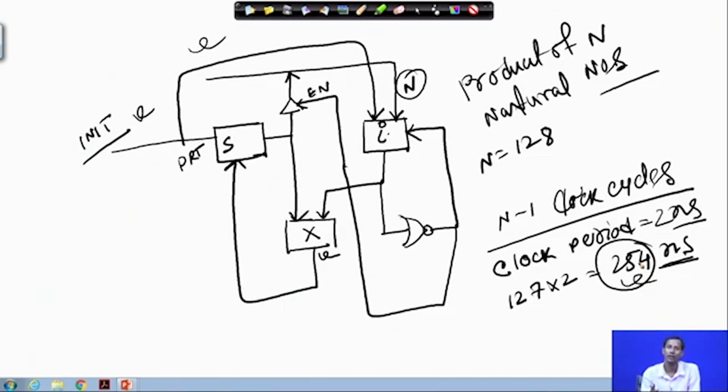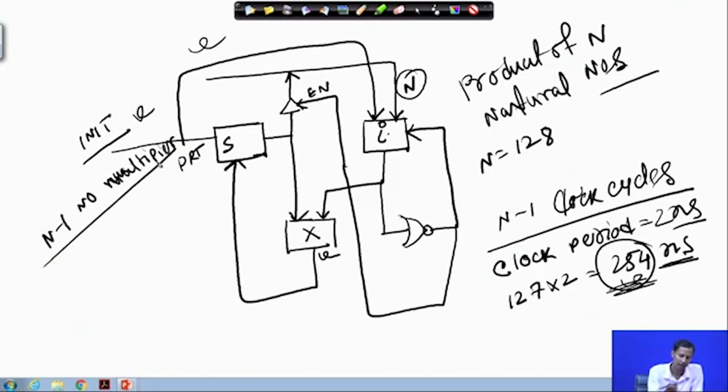But in some cases, in a critical case, you require an architecture where you cannot wait. Time is a very critical condition, so at that time you cannot wait for 254 nanoseconds. So if I implement this logic using n minus 1 multipliers, what will happen?